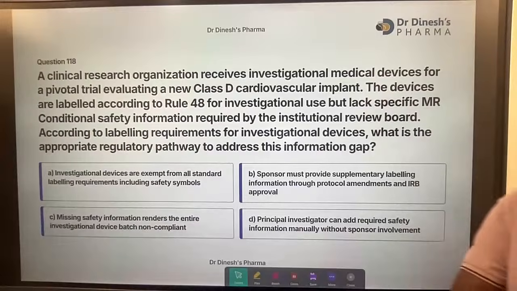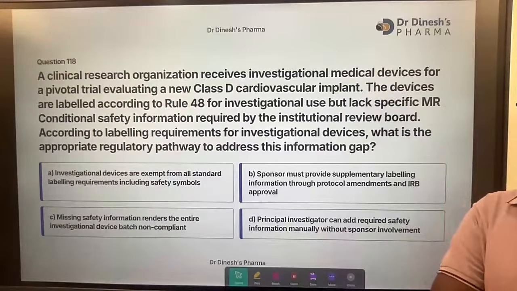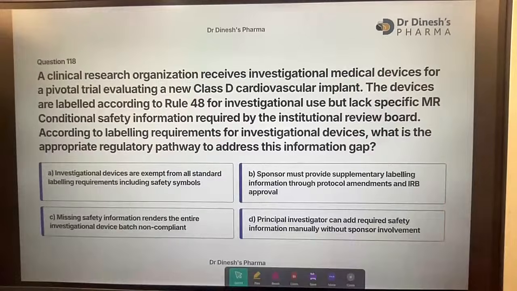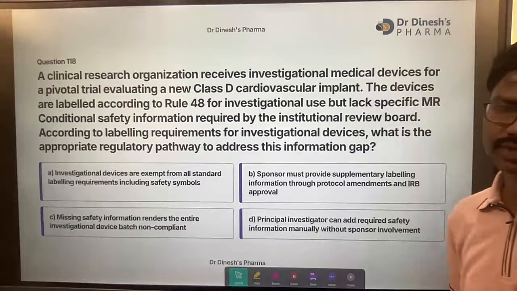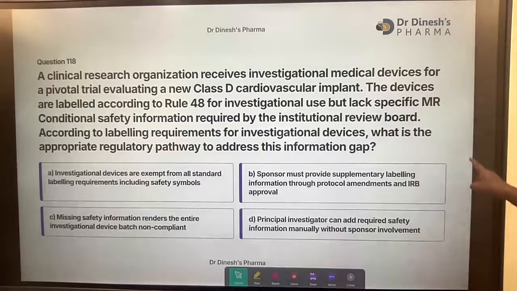What is the answer? You assume the condition first, what is happening, then you take the decision. These kinds of questions need a lot of perfection on the rules. Okay, let's go to the answer.